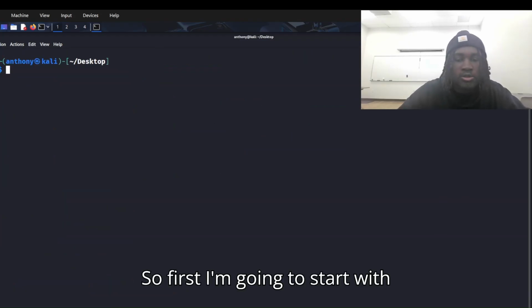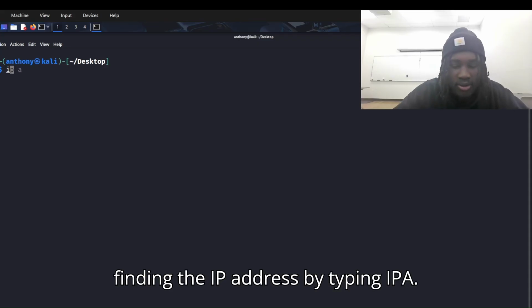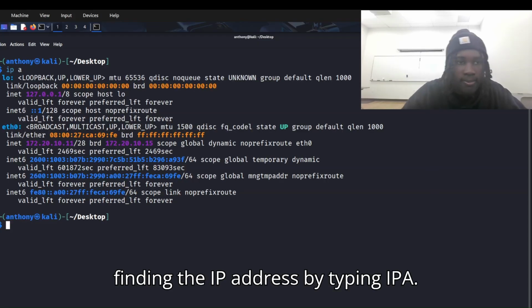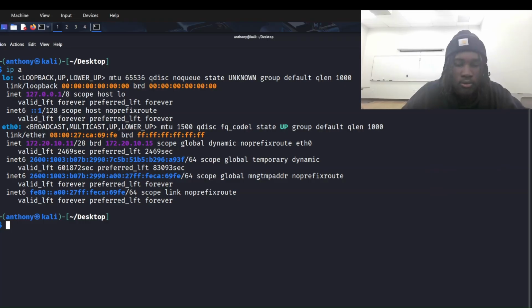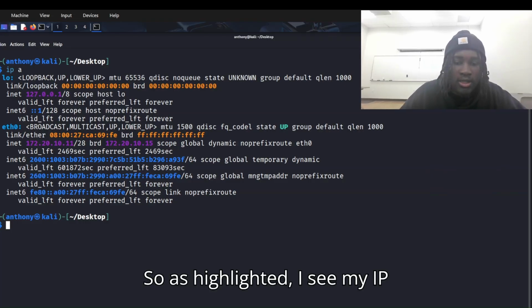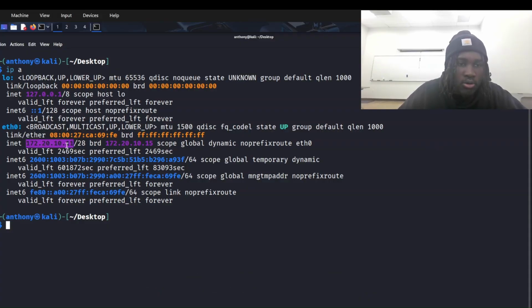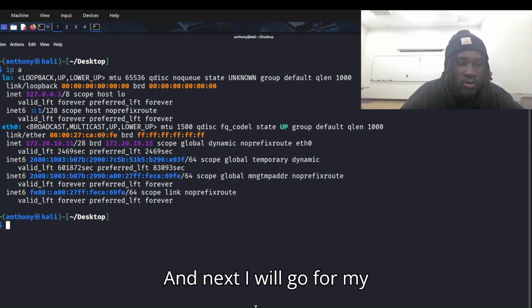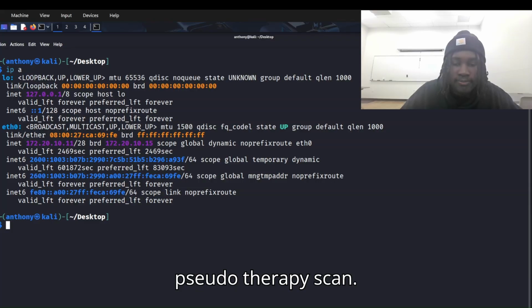So first, I'm going to start with finding the IP address by typing ip a. As highlighted, I see my IP address right here. And next, I will go for my sudo arp-scan.